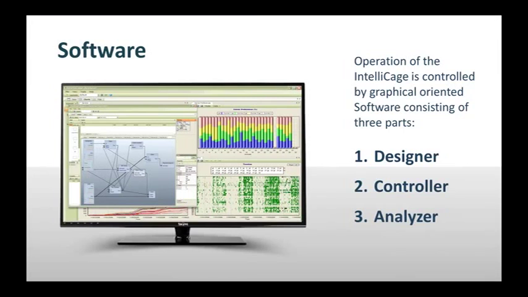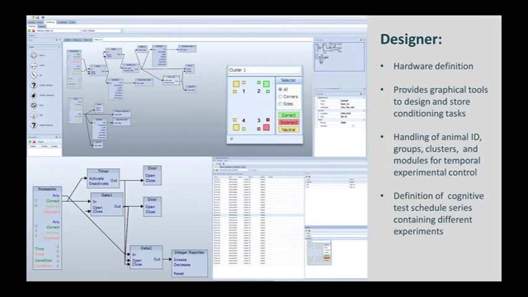The IntelliCage is operated by a software which provides a graphical-oriented and user-friendly user interface. The software consists of 3 parts: the designer, the controller, and the analyzer. The designer allows the definition of behavioral tasks which can be stored for use in the controller.